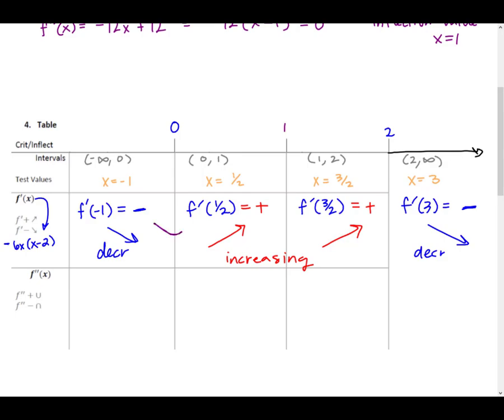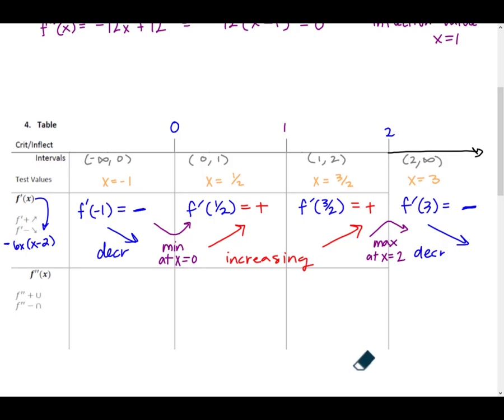So we're going down and then we go back up, we're going to have a min at x equals 0. And then over here at 2, when we're going up and then we change to going down, that's going to represent a max at x equals 2.